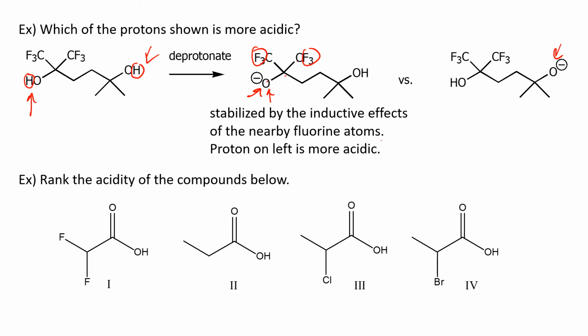So if we compare that negative formal charge to the one on the right, this one is going to be more stable. And the more stable the conjugate base, the stronger its conjugate acid. So this would be your stronger or more acidic proton.